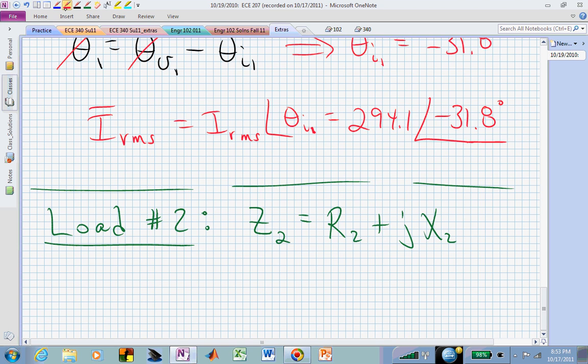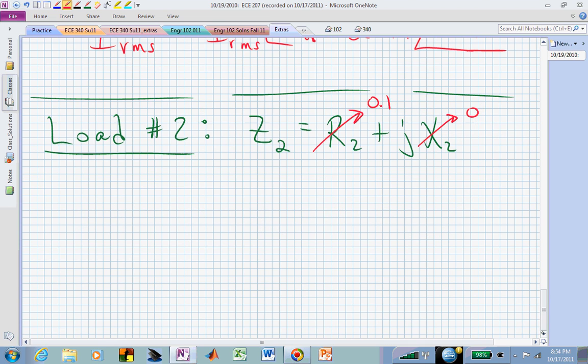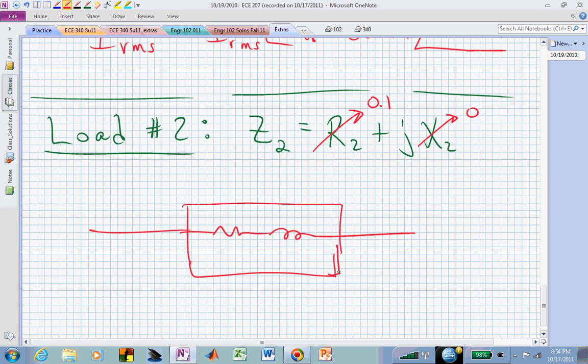But we know in this particular example that R sub 2 for 1 mile of transmission line is 0.1. We were assuming no reactive component to the transmission line, and we now have load number 2 as if we were modeling it something like this with R sub 2 and L sub 2.